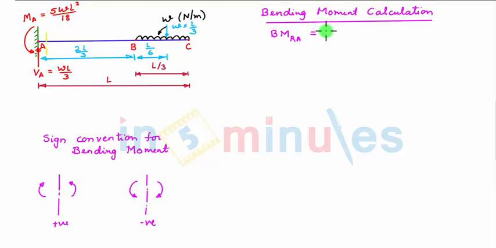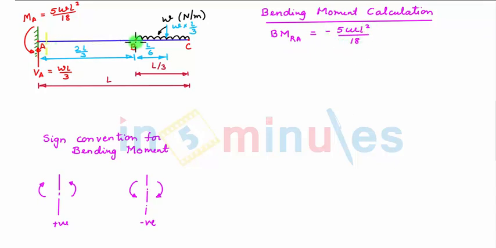So we have minus 5WL square by 18 plus there is a clockwise moment caused due to this vertical support reaction VA acting at a very small distance from this section. So we can neglect this moment. So bending moment towards right of A is only this much value.